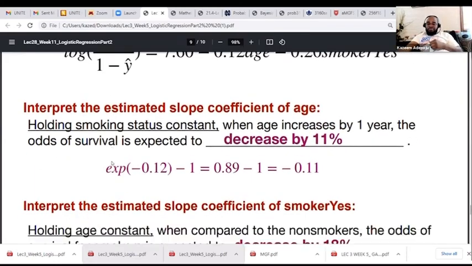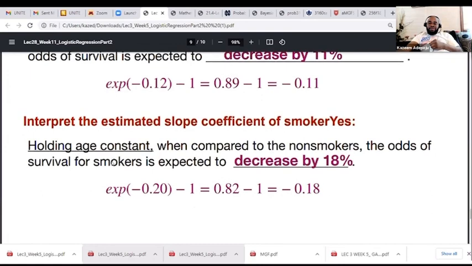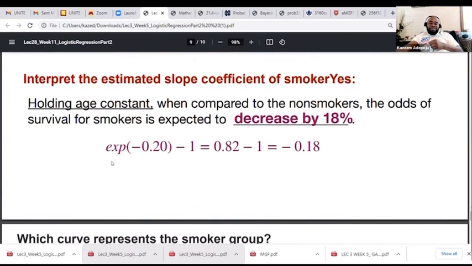Now, how do we interpret the categorical predictor variable, the smoking status? You're also going to say holding age constant. Don't forget, age is also a predictor in the model. So holding age constant, when compared to the non-smokers. Look at what I said.